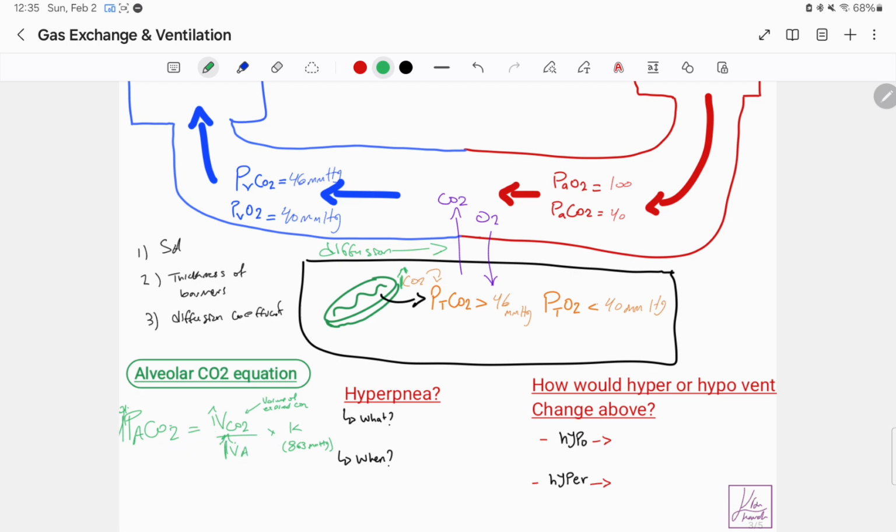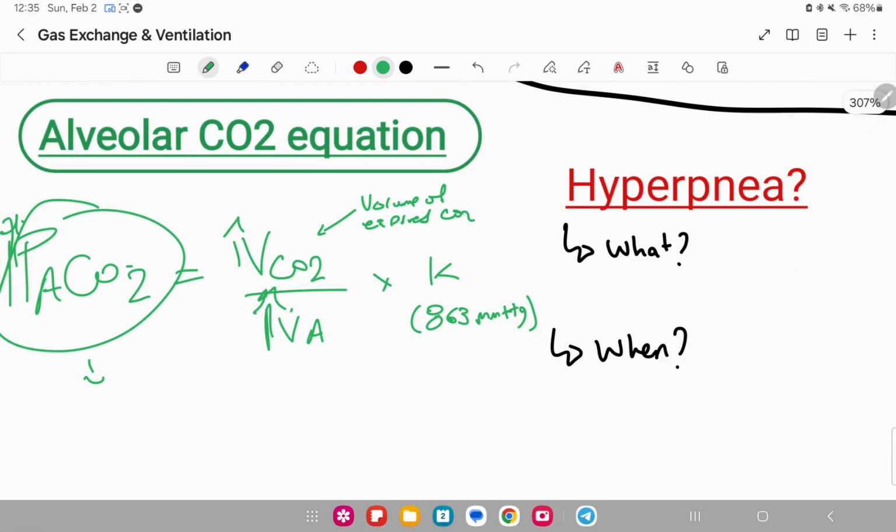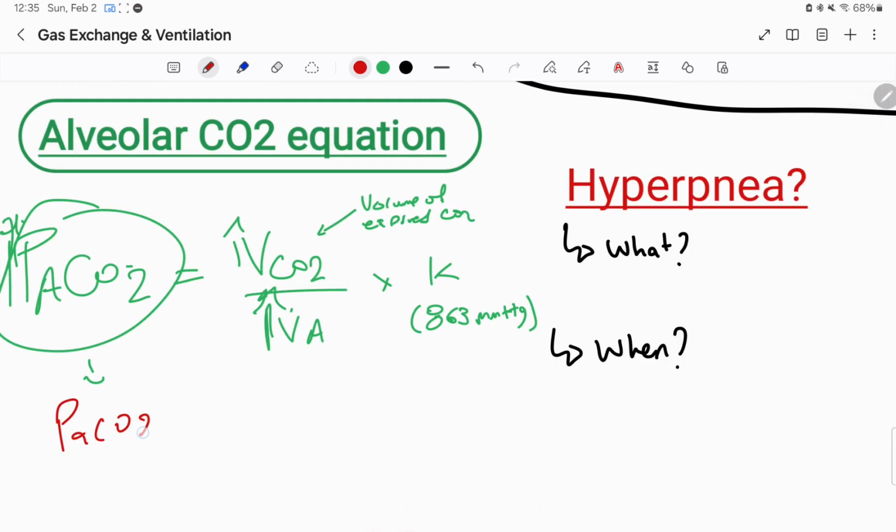Very interesting, and this is highly regulated, by the way. You guys know that the alveolar partial pressure of CO2 is pretty much the same as the arterial partial pressure of CO2, and this arterial CO2 is very regulated. In fact, when we talk about regulation of respiration, we'll see how regulated this is. It's extremely regulated in a very tight physiological range, about 36 to 40 millimeters of mercury.